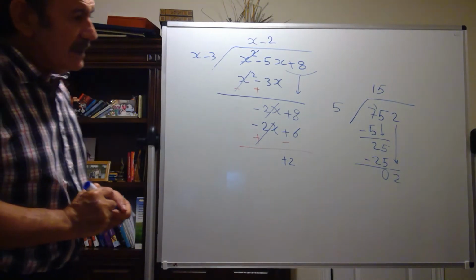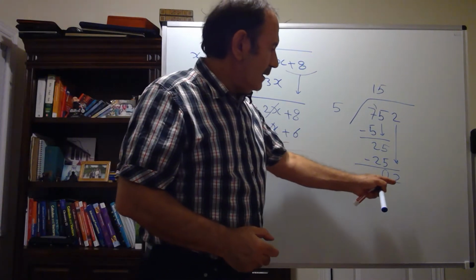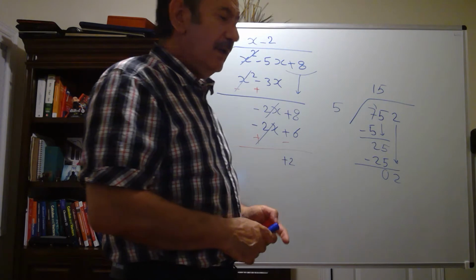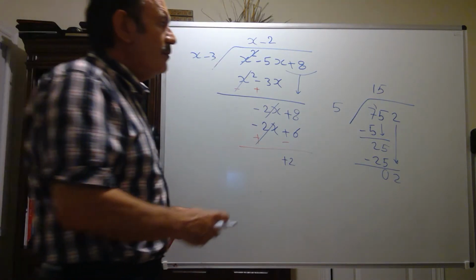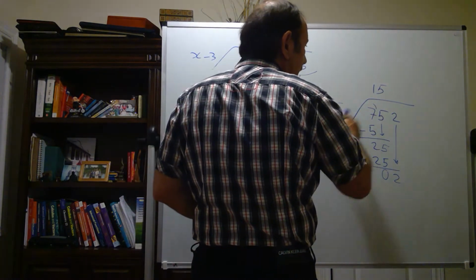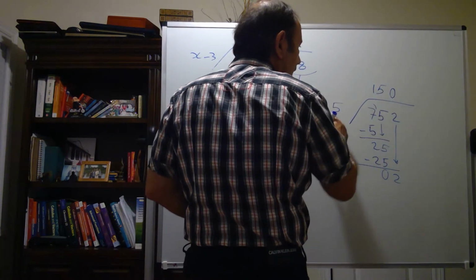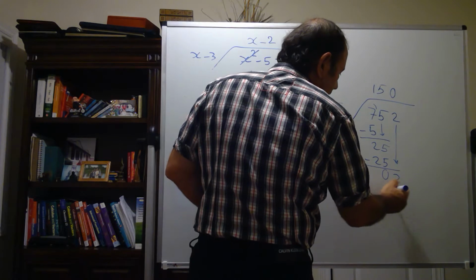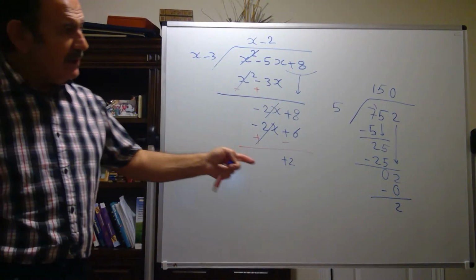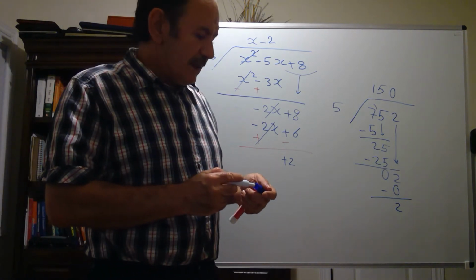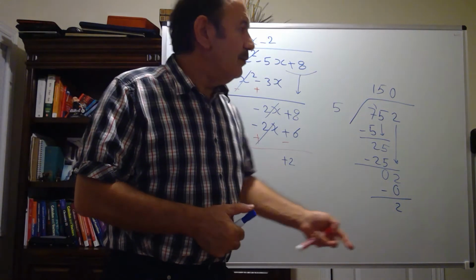Right? So for this one, after we subtracted, then 2 divided by 5, it doesn't go. Actually, it goes 0 times. 2 divided by 5 is 0 times. 0 times 5 is 0. Subtract, 2 is remainder. Remember for this one, it's going to be 150, and the remainder is 2.